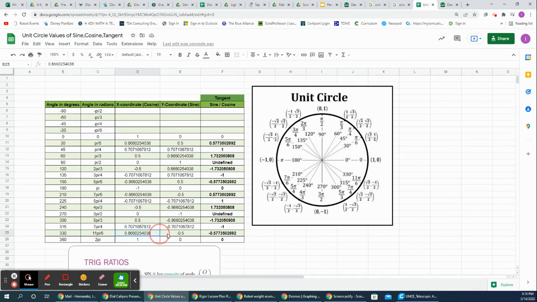So let's just highlight this, copy it, and we're going to paste it here. Okay? For negative 45 degrees, it's the same as what? 315. So let's highlight this one because it's 315, and we'll put it here. Okay, do the same until you get done with negative 60 and negative 90, okay? All right.